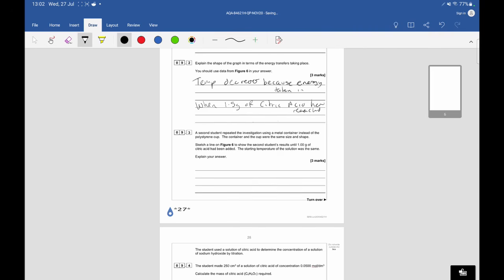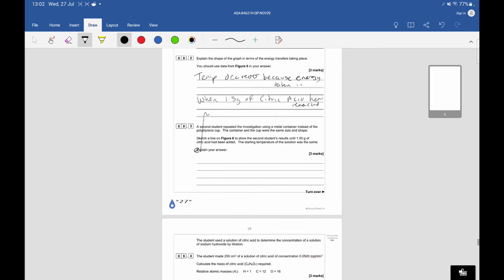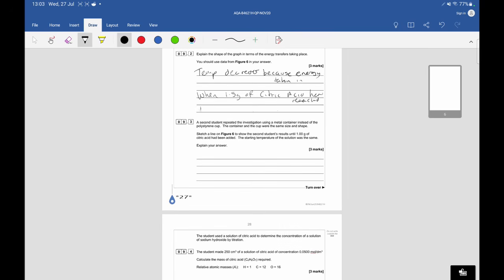We can say that the temperature then increases as energy is transferred from the room to the solution. And that's why that temperature goes up the way that it does.